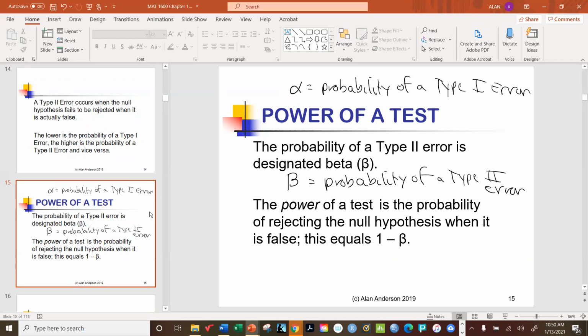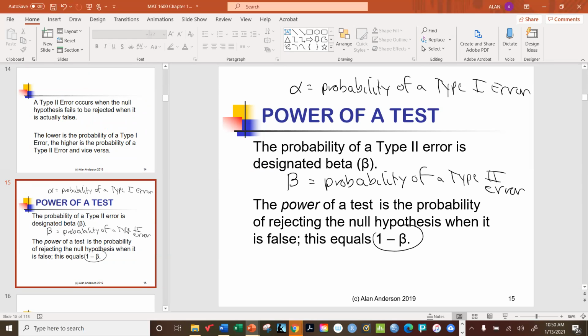Now, it would be nice if these two add up to 1. They do not. The relationship between alpha and beta is actually very complex. We will not be calculating beta in this class, but the two of them do not necessarily add up to 1. Okay, now also we have this concept of power. This is the probability of rejecting the null when it's actually false. In other words, making the correct decision.